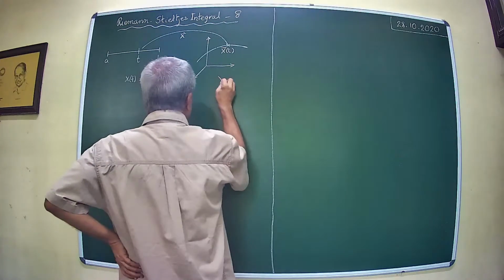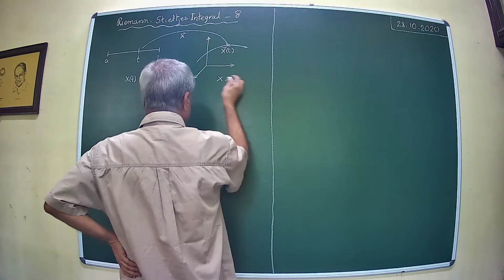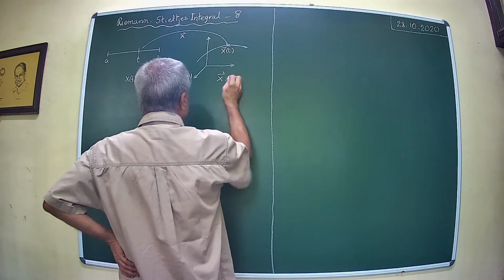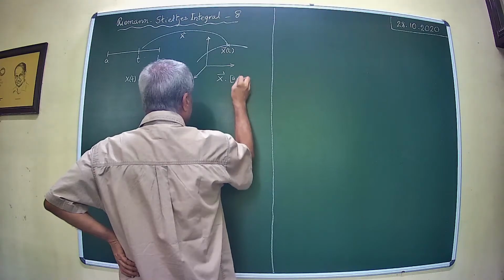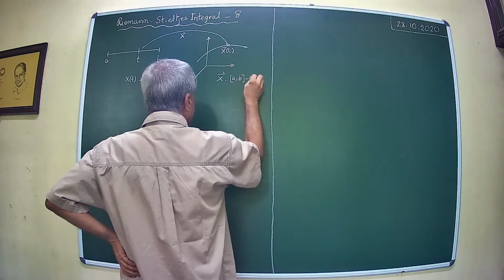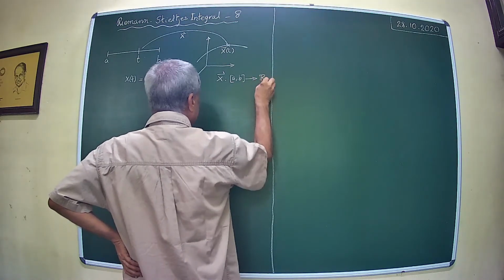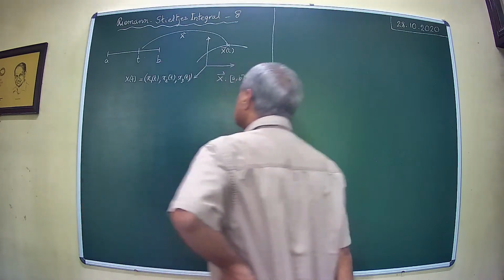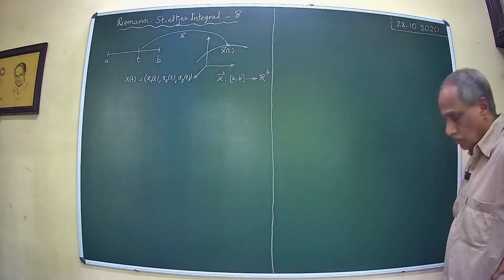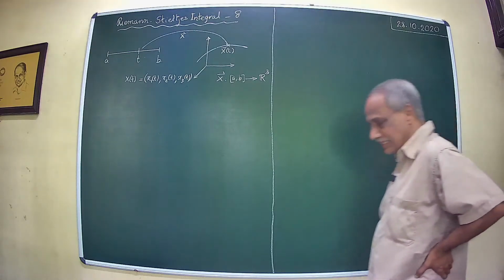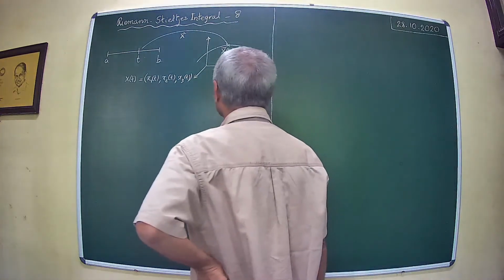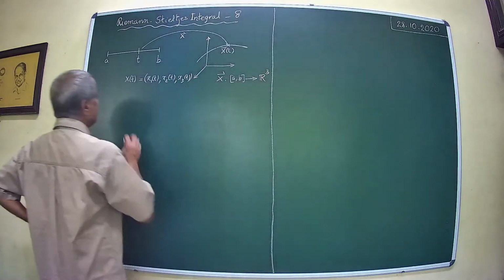So x is a map from the time interval AB to R3. Now, it is quite easy to see what x derivative stands for.